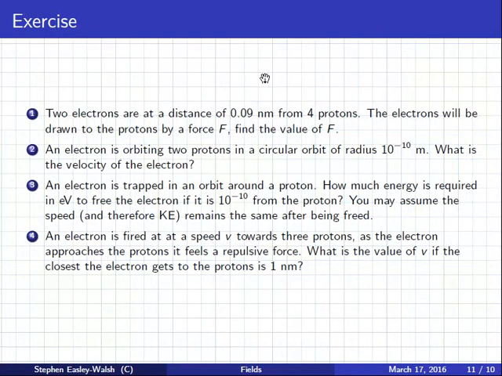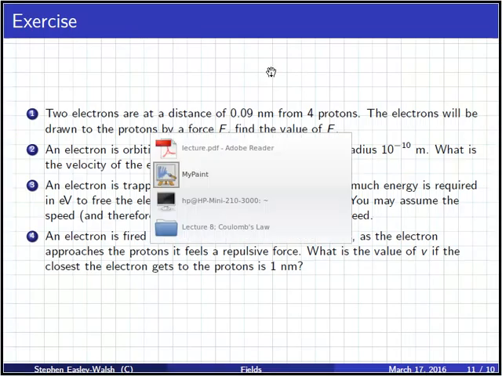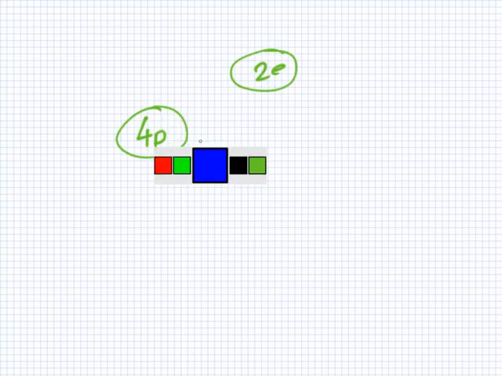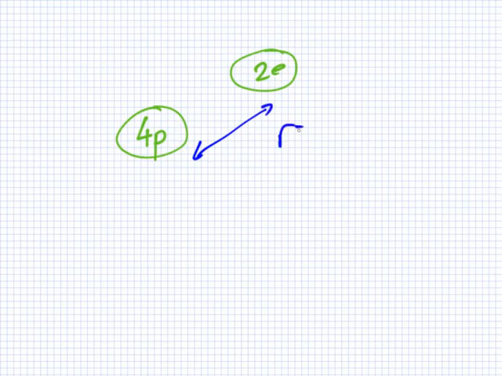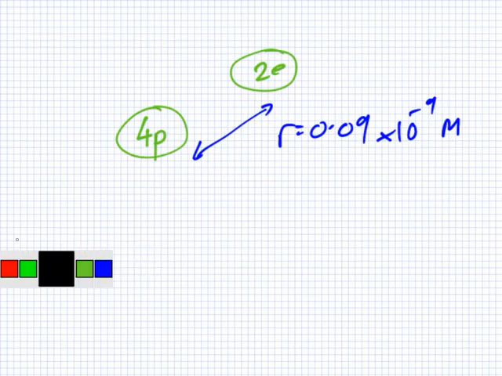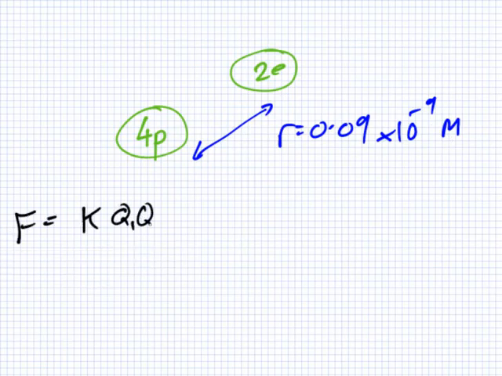So what did I say here was 4 protons and 2 electrons, isn't that right? Yeah, and the distance is 0.09 nanometers. So the force is K Q1 Q2 over R squared.